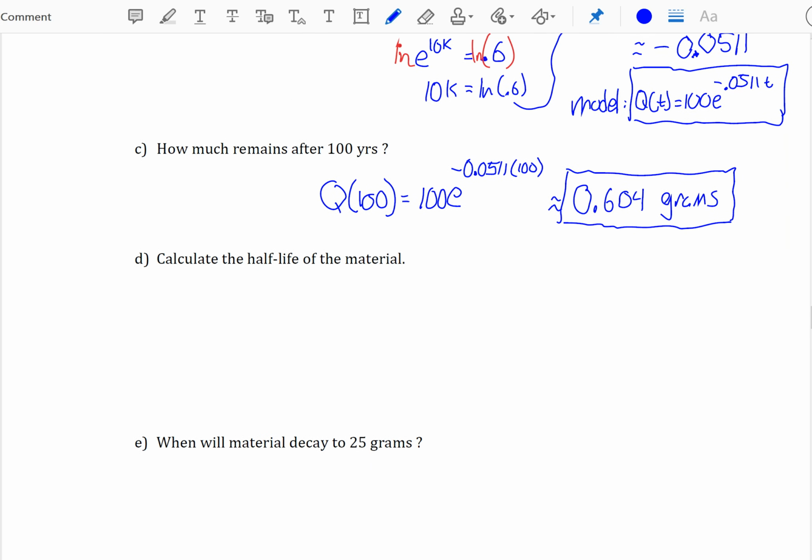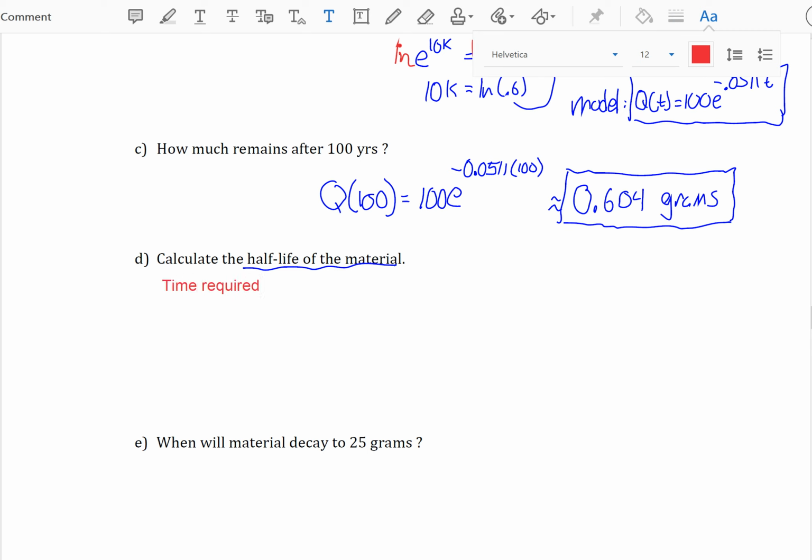Okay, let's calculate the half-life of the material. Now the half-life of a material is going to be the time required for the material to decay to half of the initial size or the initial quantity.